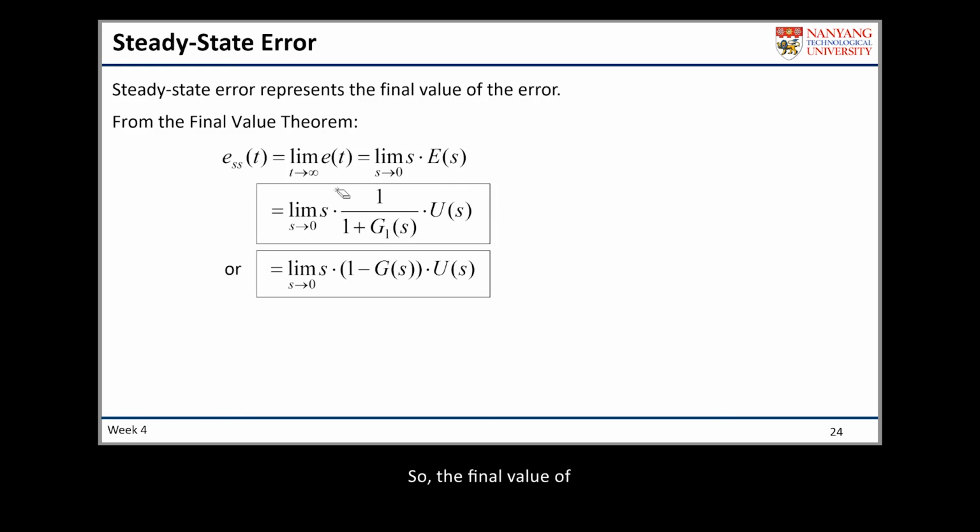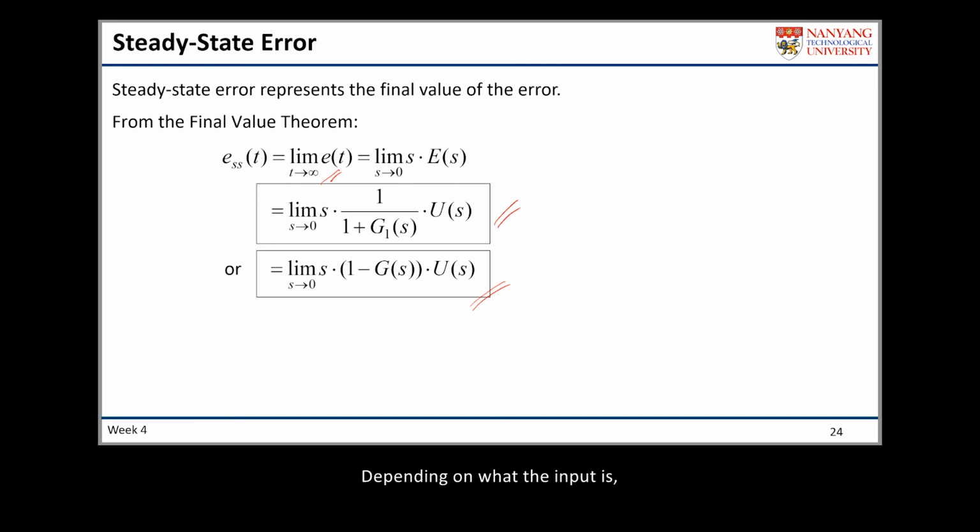So the final value of the error E will be equal to the limit as s goes to 0 of s times E. You can use either of the two equations to express E. You can use the value of E with respect to G1. You can also use the value of E expressed in terms of G, where again G1 is the open loop transfer function and G is the closed loop transfer function.